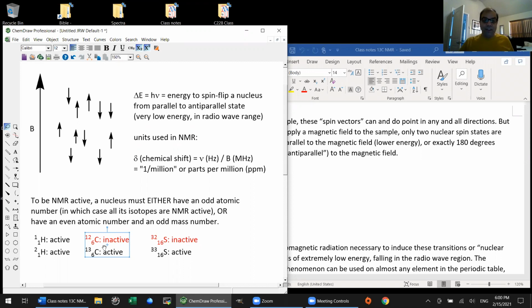neutrons in the nucleus. Just to give another example, if you wanted to take a sulfur NMR, you couldn't do it with sulfur-32, because sulfur is element number 16, and so the one with the even mass number, sulfur-32, is not active in NMR. You would need to take a sulfur-33 NMR spectrum, which I tried once.